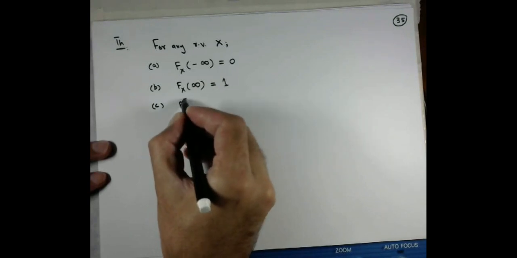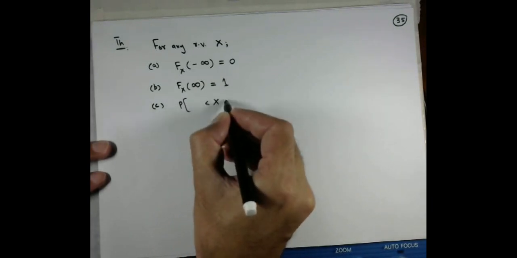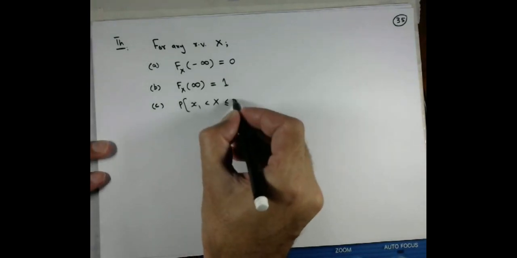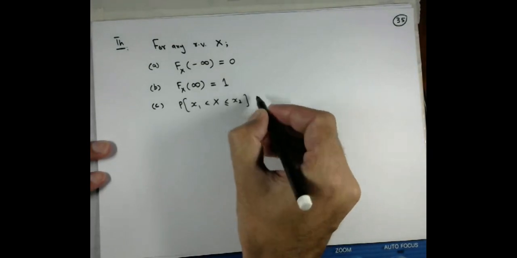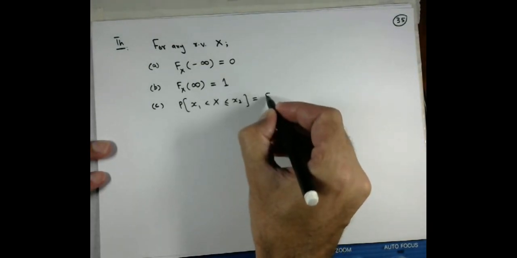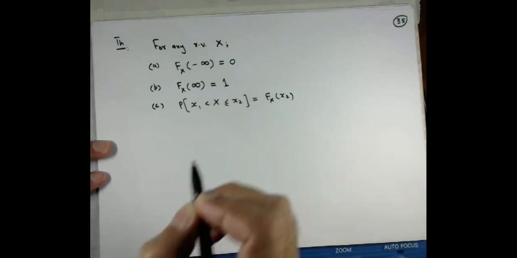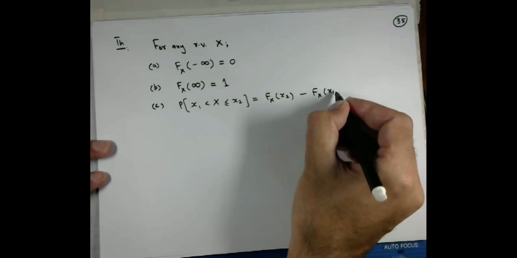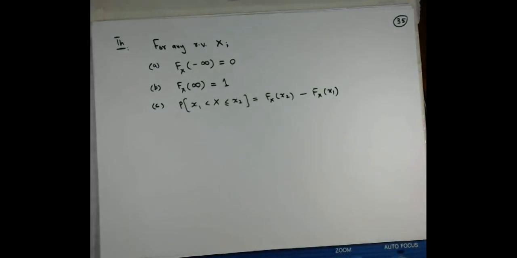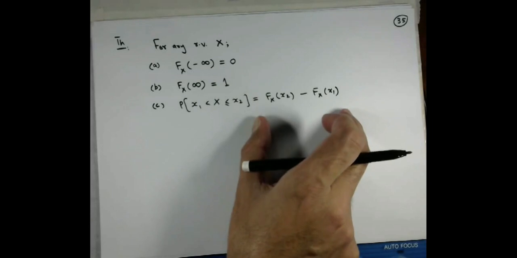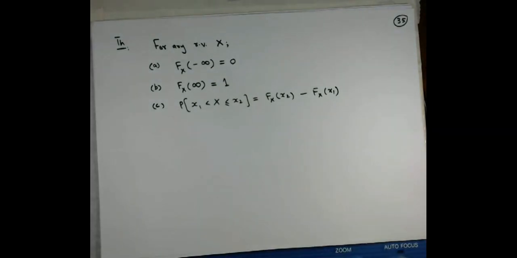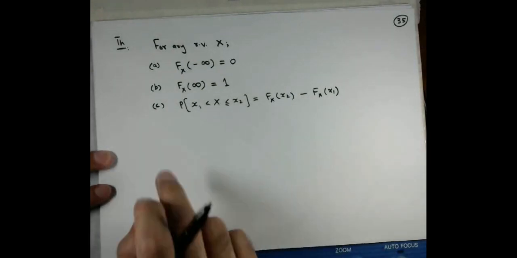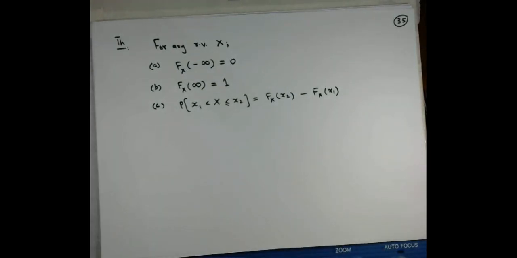The probability of an interval: the probability that x assumes a value greater than x1 and less than or equal to x2 is nothing but the CDF at the higher point minus the CDF at the lower point. So in an interval you can utilize this expression, and you'll see later on that this is a really helpful part of the theorem.